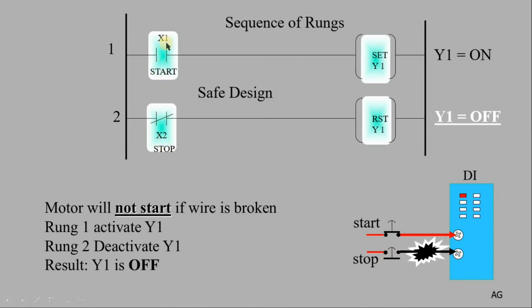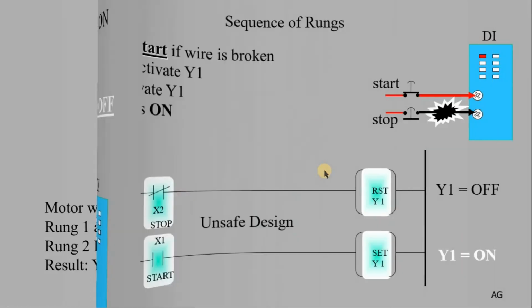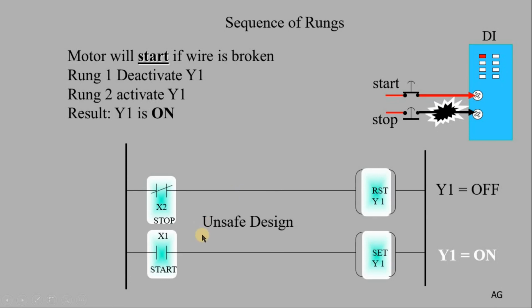Now even if you press X1, the wire is cut, so this one is active again. The PLC will set Y1, and in the next rung it will reset it. So at the end, Y1 is off. If you press the start while someone pressed the stop or the wire is cut, the motor will not run. Now look at the other way around.